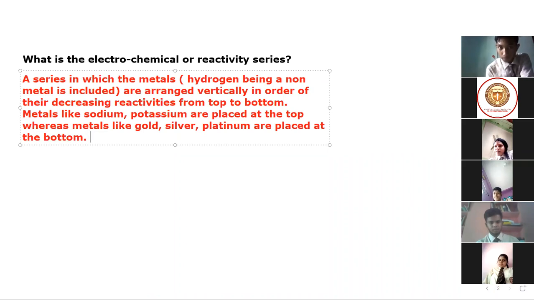Okay. So a series in which the metals, hydrogen being a non-metal is included, are arranged vertically in order of their decreasing reactivities from top to bottom. So metals like sodium, potassium are placed at the top, whereas those like gold, silver, platinum are placed at the bottom.